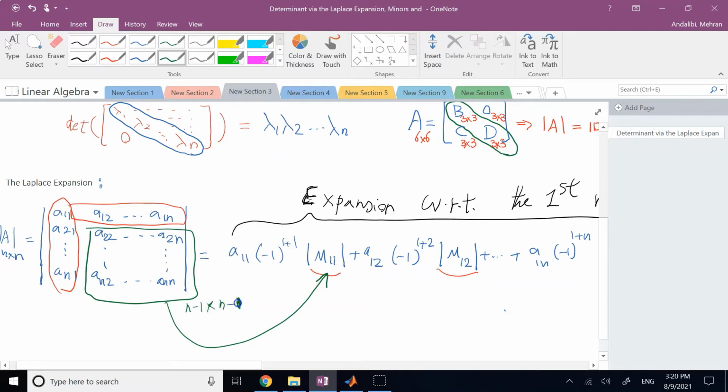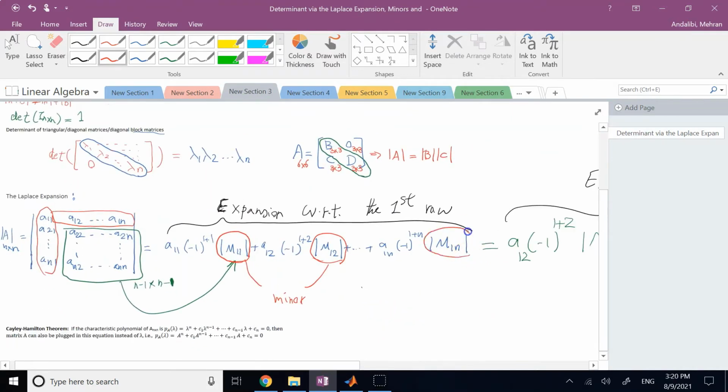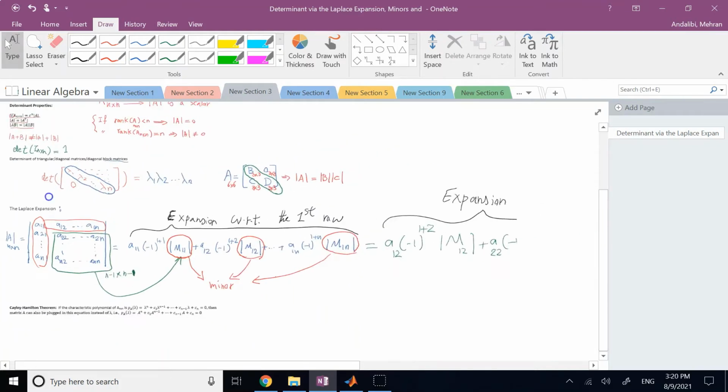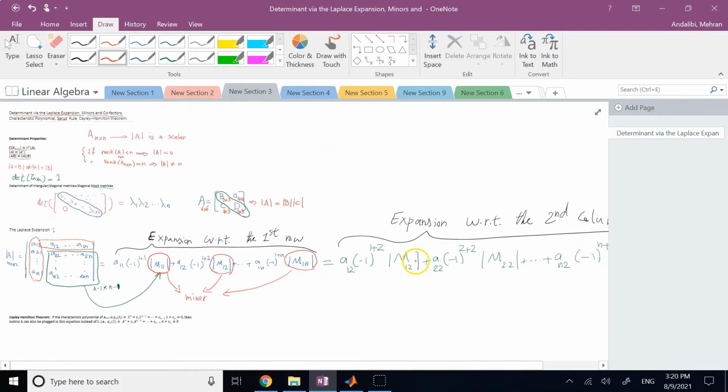And the determinant of this n minus 1 by n minus 1 submatrix, this whole determinant, not just the submatrix, the determinant of it is a single number. This is what we call a minor. Okay, so minor is the determinant of a submatrix. And by submatrix, we mean a square matrix that has basically a row and a column eliminated. Okay, so these are all called minors, right?